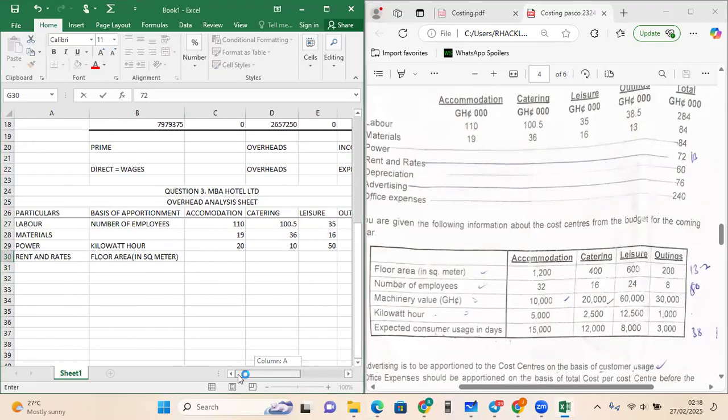The same thing, right? Take the floor area occupied and then add all of them.